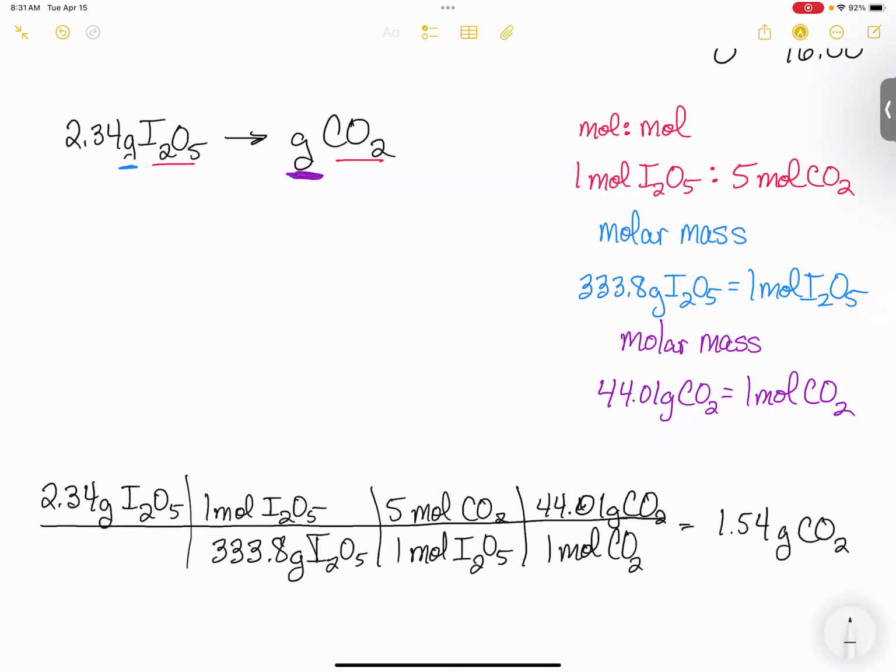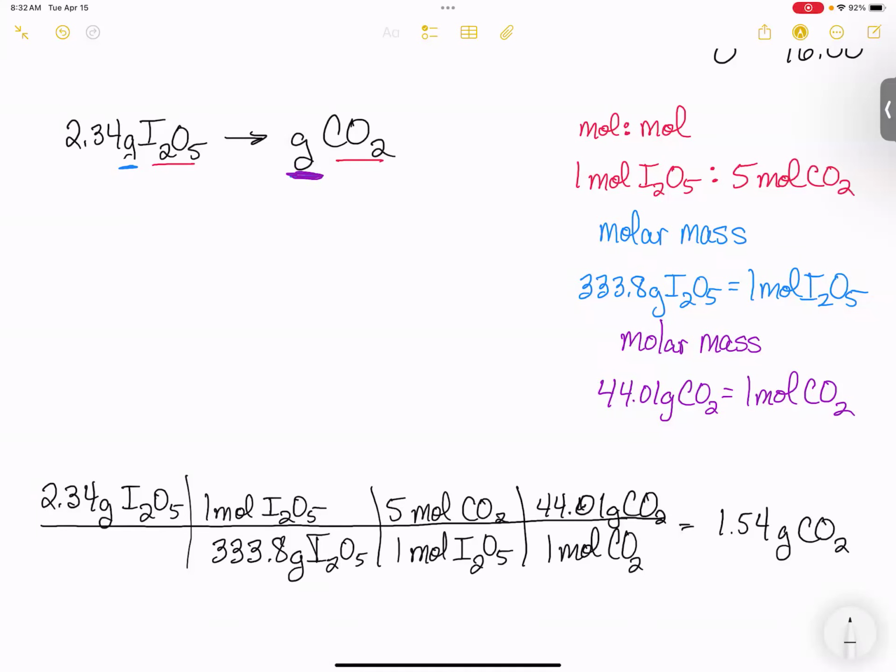I was given grams of I2O5, so my first conversion factor had to have grams of I2O5 in order for the grams of I2O5 to cancel out. So I used the molar mass, and it was 1 mole over 333.8 grams of I2O5. Again, the grams of I2O5 were placed in the denominator so that the unit and the substance would cancel, leaving moles of I2O5.